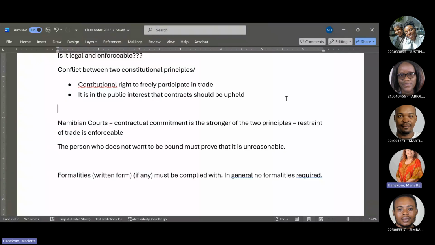And accordingly, generally, the courts will hold that a restraint of trade is enforceable. If you are party to a restraint of trade and you don't want it to be enforced, you want to escape from it, the person who does not want to be bound will have to prove that it is unreasonable.